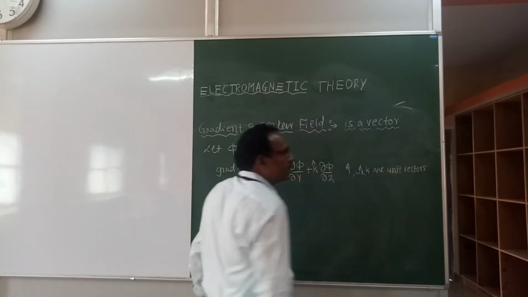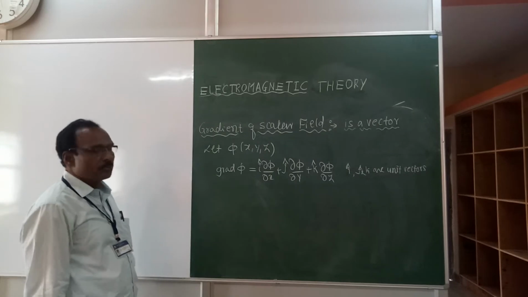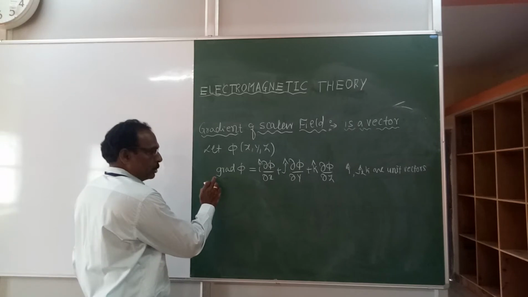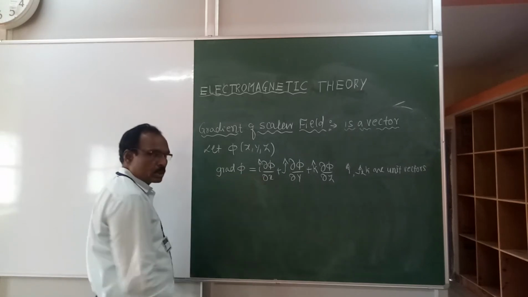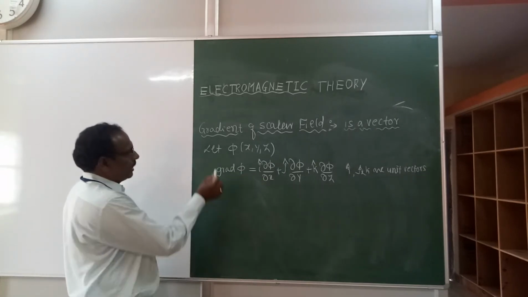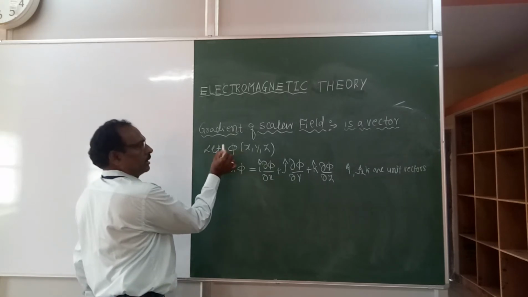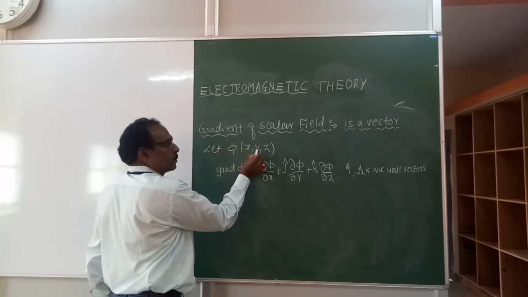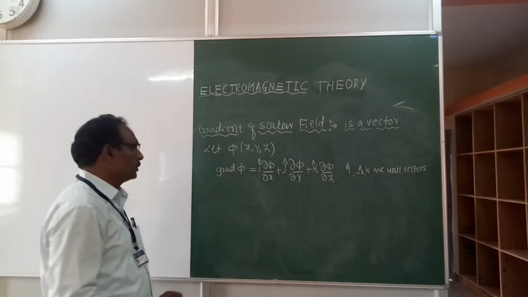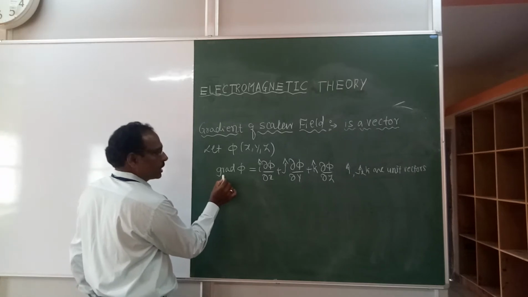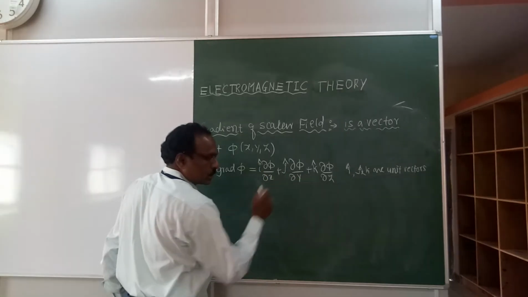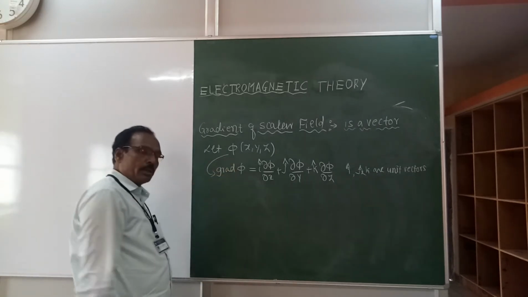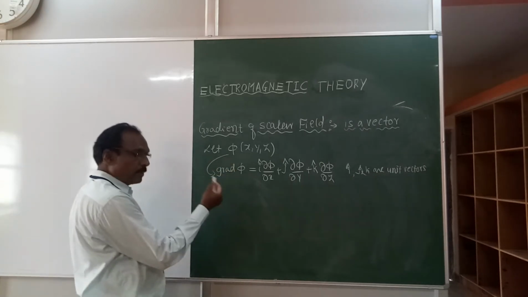We have defined the gradient of a scalar field as a vector, and it is given mathematically as this. When I say this is a scalar differentiable function phi of x, y, z, which has only magnitude, mathematically we have written this as grad of phi. That means a scalar is converted into a vector.